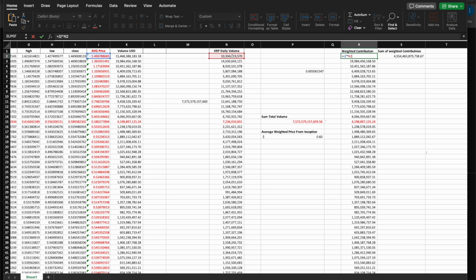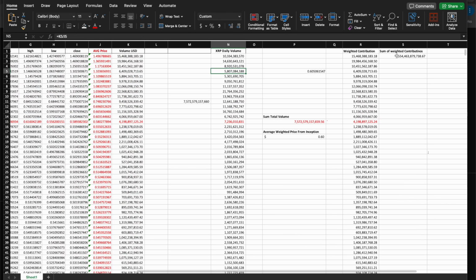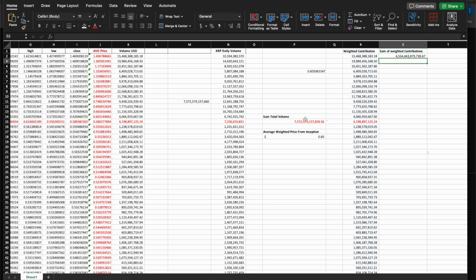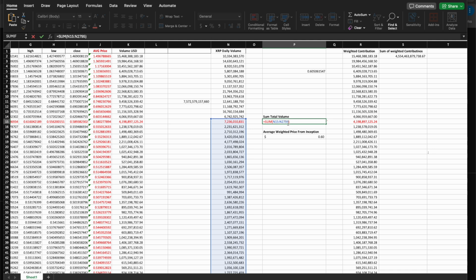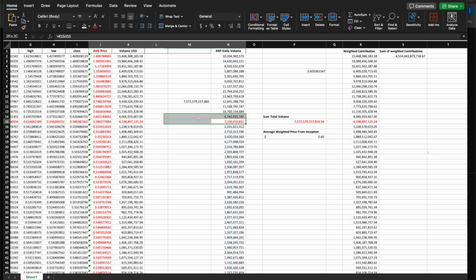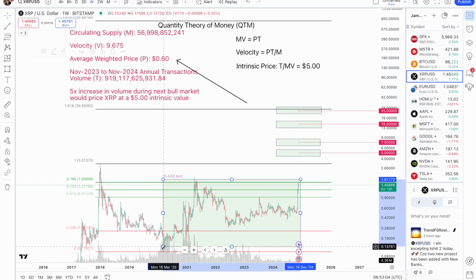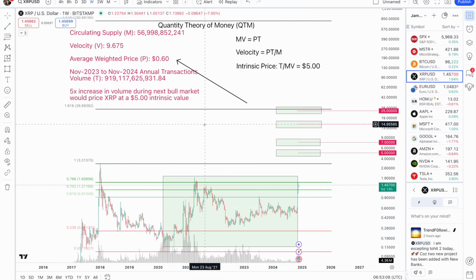So higher prices are weighted heavier, lower prices are weighted lower, etc. Summing this up, we took the sum of weighted contributions, going back to 2020, and then the sum of total volume, again starting from before the pump happened, which is this day right here, November 10th. It gives us an average weighted price of 60 cents. That's the data highlighted in green: average weighted price of 60 cents, okay?